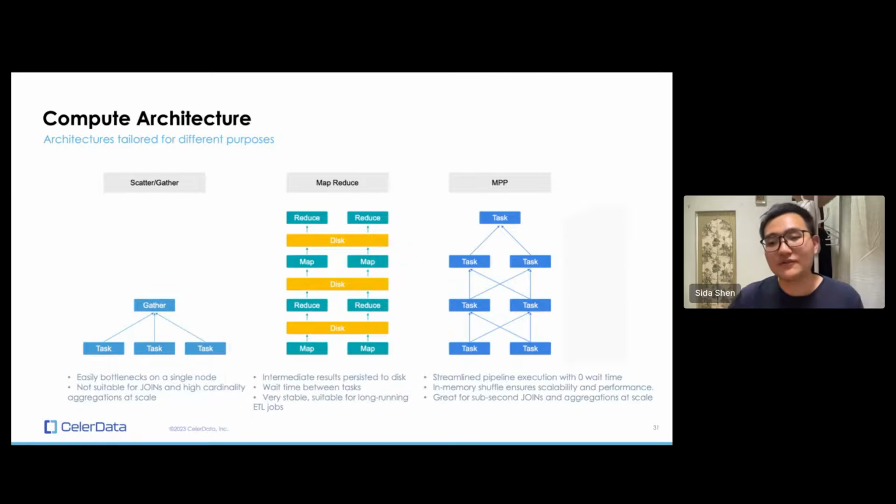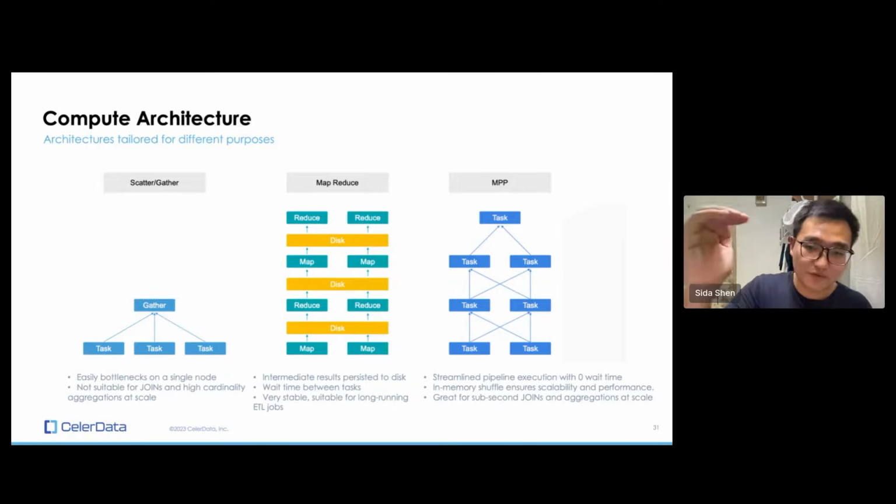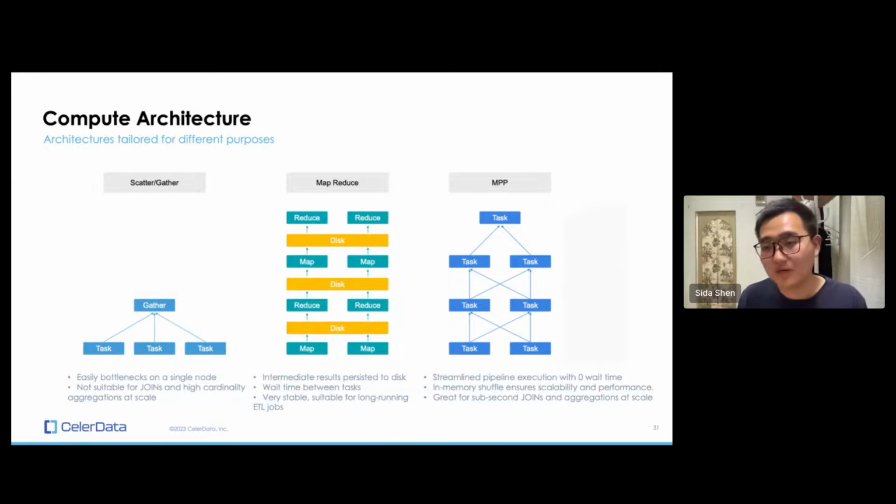And then you have stage-by-stage or MapReduce kind of architecture, right? It supports data shuffling, so it can do a shuffle, do the computation, and shuffle again, right? But the output of each shuffle, or each map and reduce process, needs to be persisted on disk, so there's wait time before a task, right?